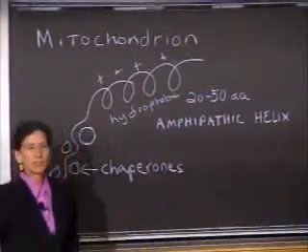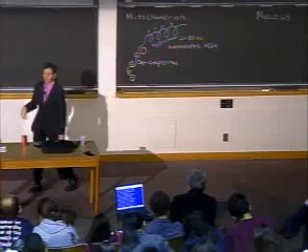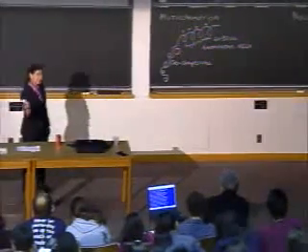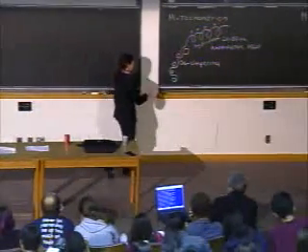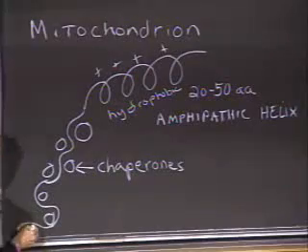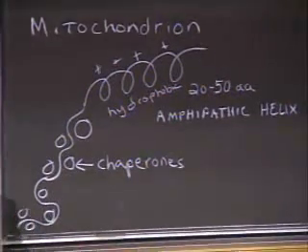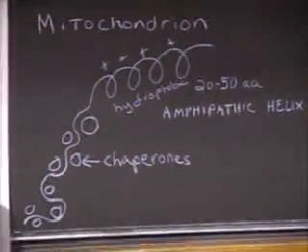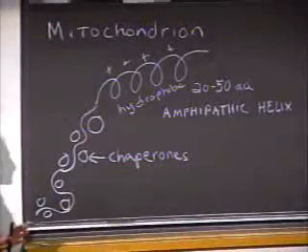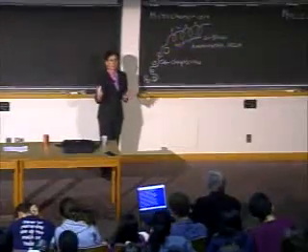Now, the function of a chaperone is to correctly fold a protein. In this case, the chaperones are preventing the protein from folding. It's like, you're in the wrong location. Do not fold now.